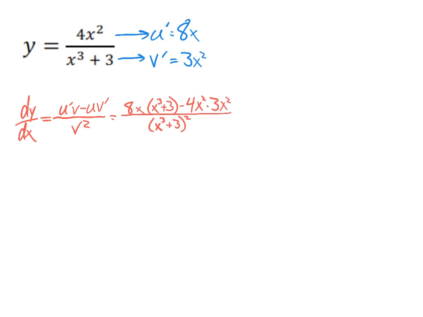Now, here's what I was talking about when I said before, or as you're simplifying the numerator, look for common factors that you could pull out. We have the u prime v and the uv prime. If they have any common factors, let's pull those out, because that'll make life easier in the future. So what would the common factor be? Not an x squared, just an x. And what about the coefficients?